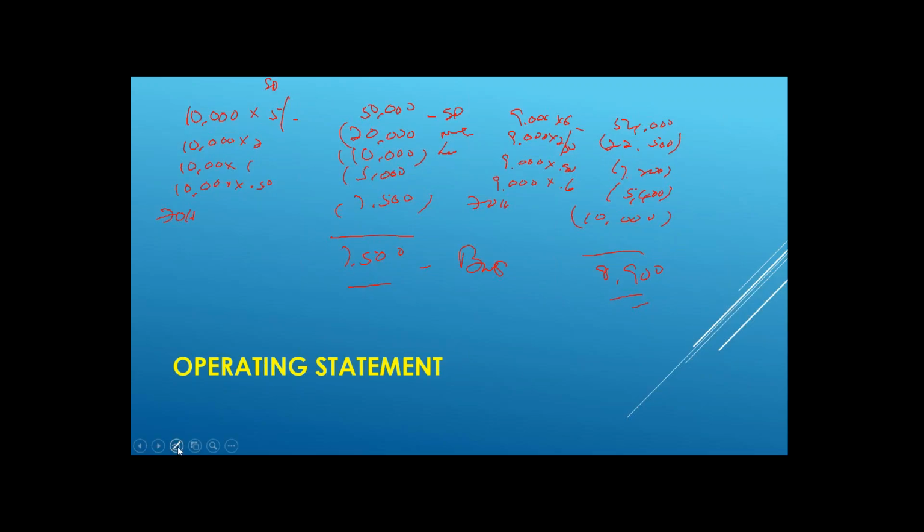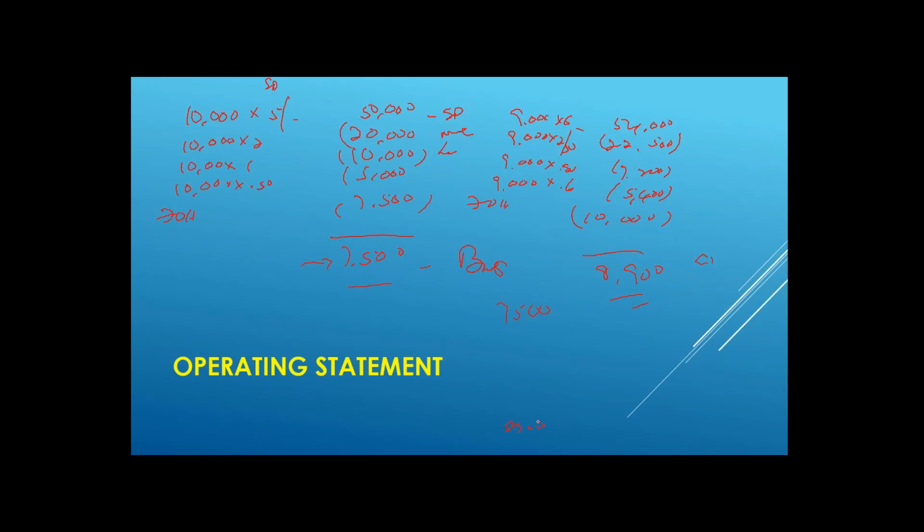This is what we do with the operating statement. The operating statement is basically a very top level statement which is given to the management. They try to reconcile the budgeted profit with the actual profit. Generally, in an operating statement you always start with the budgeted profit. So you start with 7,500 and then you explain each of these variances and come to 8,900.